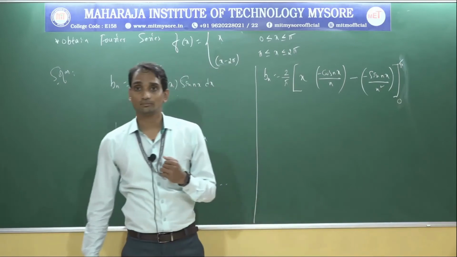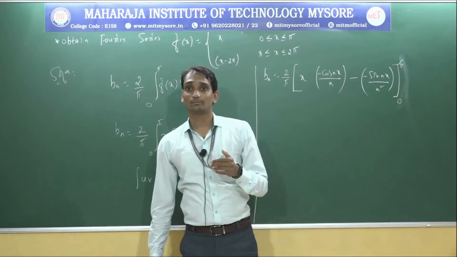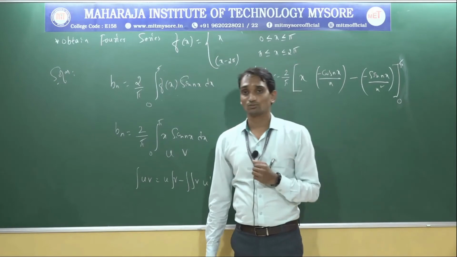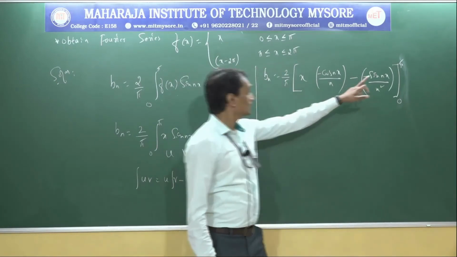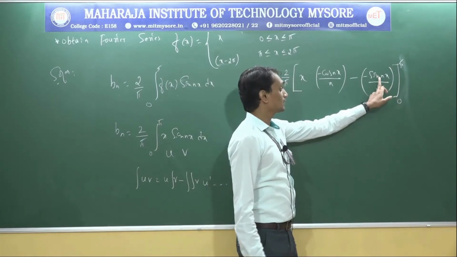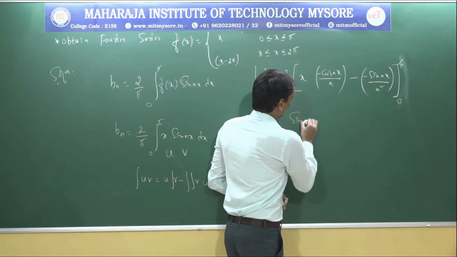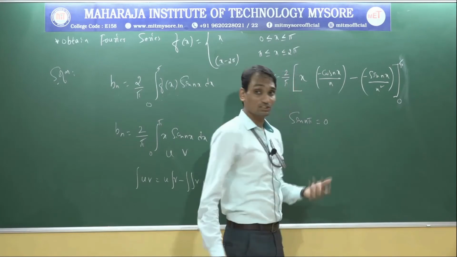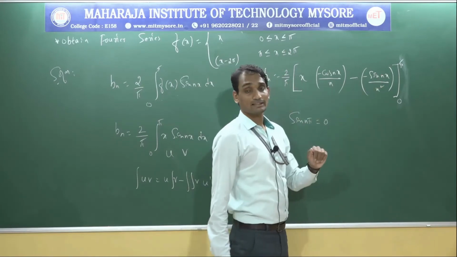Now substitute the integral limits. Before substituting, we have the values: sin n pi is 0, and cos n pi means minus 1 power n. If I substitute pi in place of x here, this becomes sin n pi, which is 0.